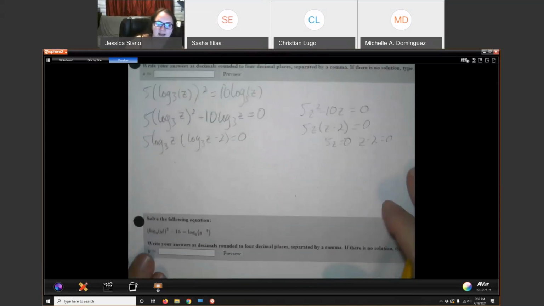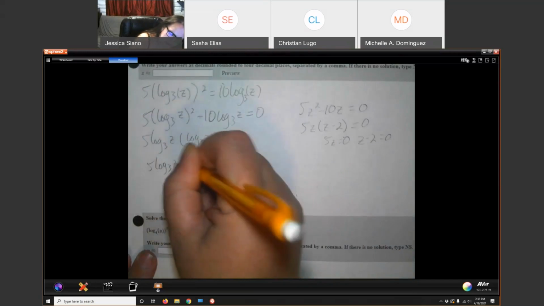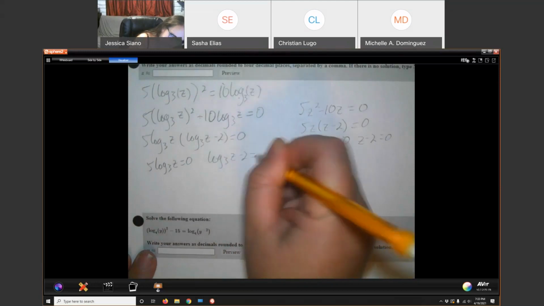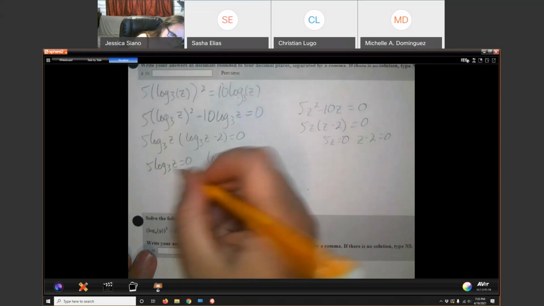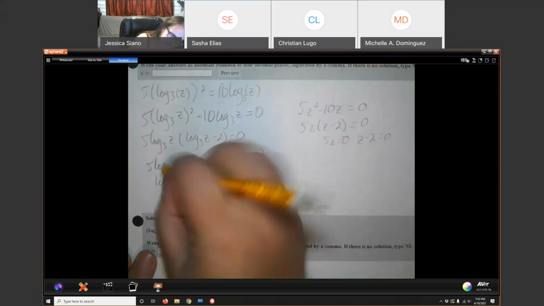And then I'm going to set each one of these equal to 0. So divide both sides by 5. That's still going to be 0.